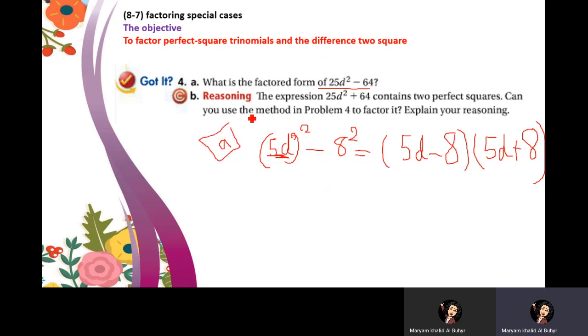Now they are telling you, if you have this one, which contains two perfect squares, can you use the method here? Can you use the same as this one? No. The answer I will tell you is no, because you have addition here. You cannot use this rule. This rule tells you difference, the difference of two squares.